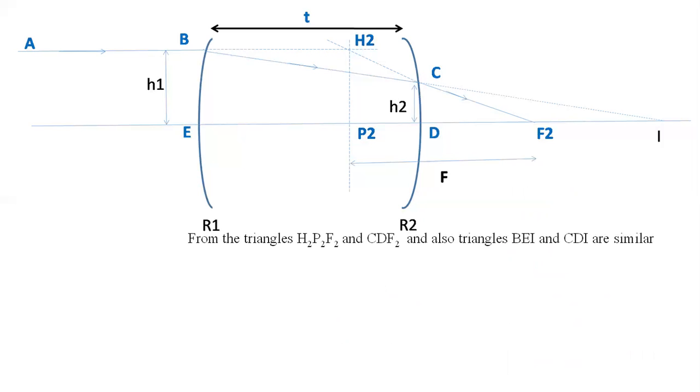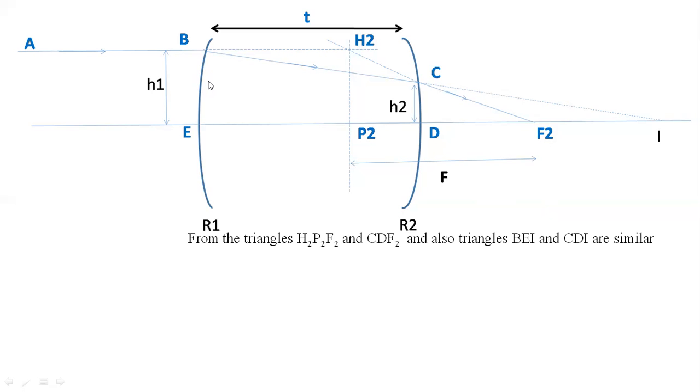Now from the diagram, the triangles H2 P2 F2 and CD F2 are two similar triangles, and also BEI and CDI are two similar triangles. First one is H2 P2 F2 and CD F2.